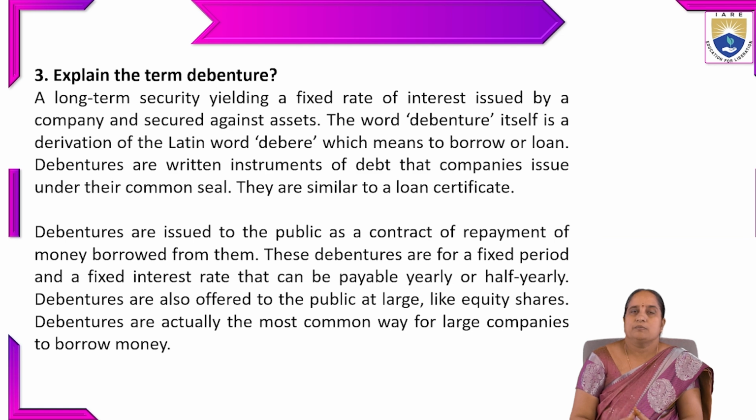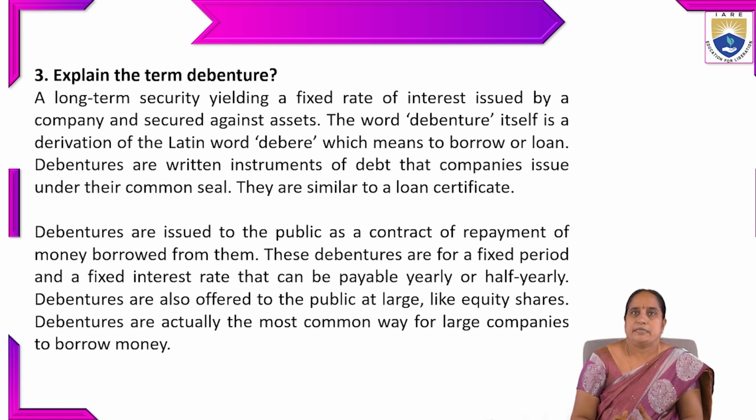Debenture is a long term security yielding fixed rate of interest issued by a company and secured against assets. The word debenture itself is a derivation of the Latin word debere, which means to borrow or loan.